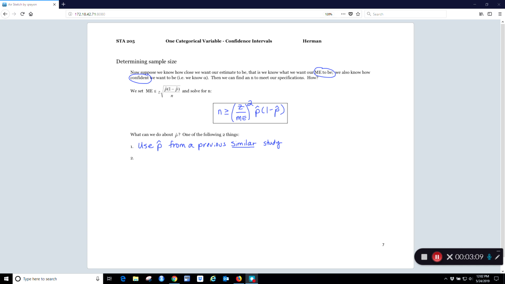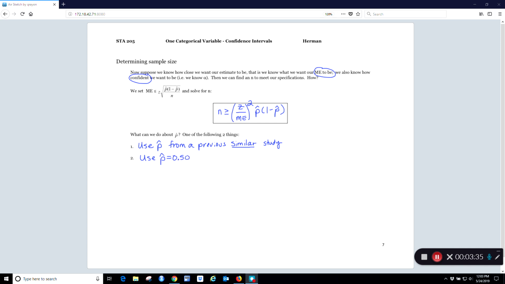And that seems like a pretty reasonable replacement, right? If I'm doing the same thing, I can just replace it with my previous one. But what if you're doing something brand new that's never been done before and you don't have a p hat from a previous similar study to use? Well, if we have nothing else, we use a p hat of 0.5.